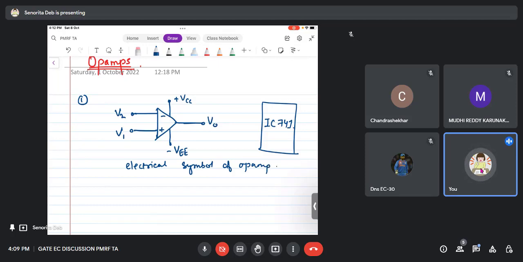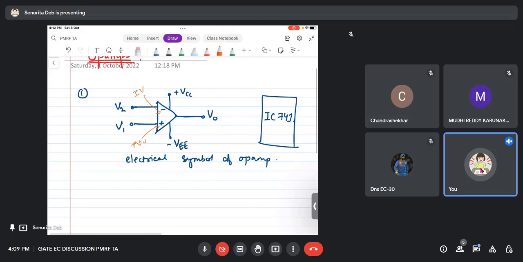Positive is the non-inverting terminal. This is the non-inverting, this negative is the inverting terminal. Okay. And then the virtual ground concept. So first let me just write the open loop gain. So there is an open loop gain. That is, this op-amp is having a gain given by V out by V1 minus V2.